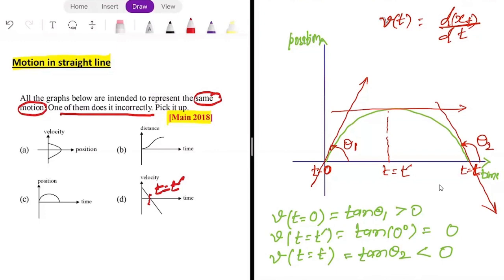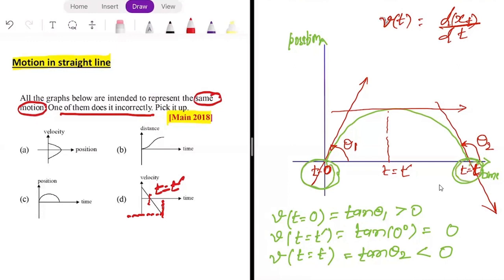And you can see in graph D that velocity becomes negative at this point in time T. So C and D appear in perfect sync. Now what you can see is that instantaneous velocity somewhere between t is equal to 0 and t is equal to T is becoming 0. That means somewhere between 0 and T, your speed will also become 0.